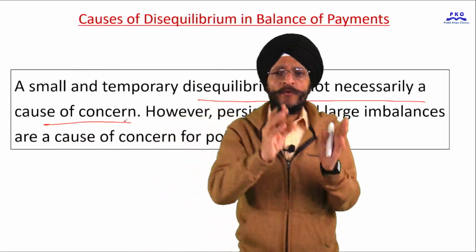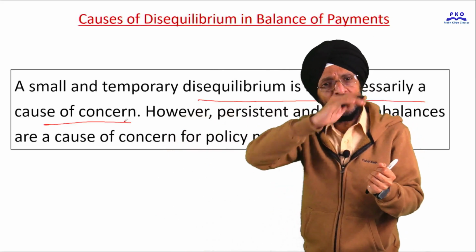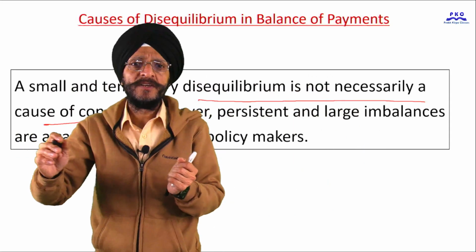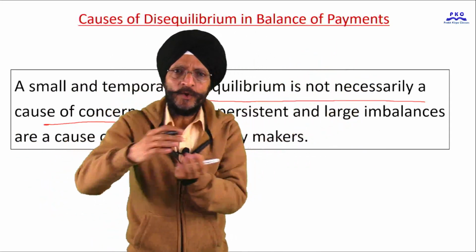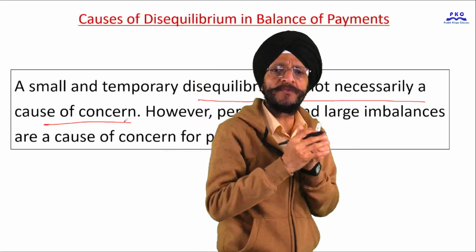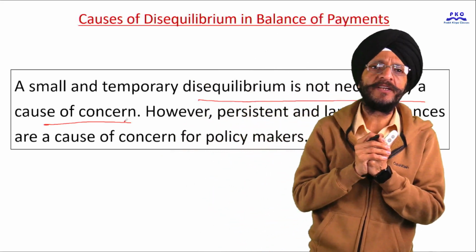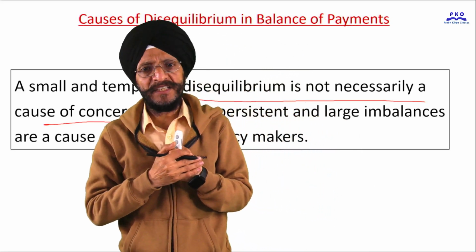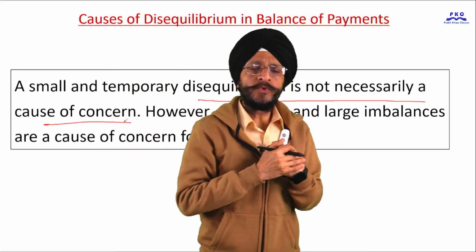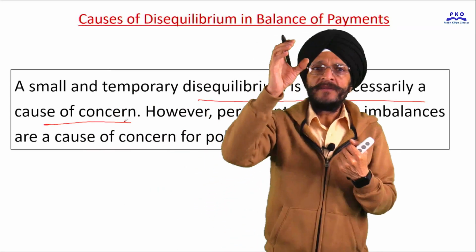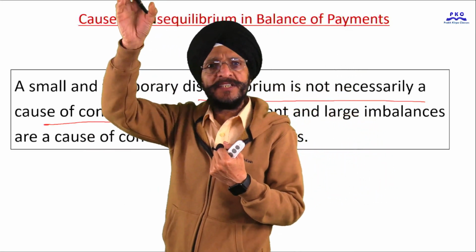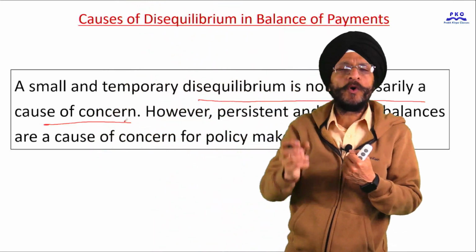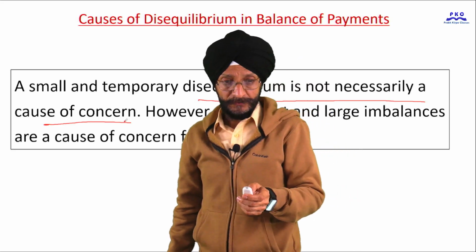But if the outflow of foreign exchange continuously remains to be more as compared to the inflow of foreign exchange for many years in a row, it is surely a cause of concern for the government of the country, and the government must take steps to see that outflow of foreign exchange is reduced and steps are taken to ensure that inflow of foreign exchange is more.